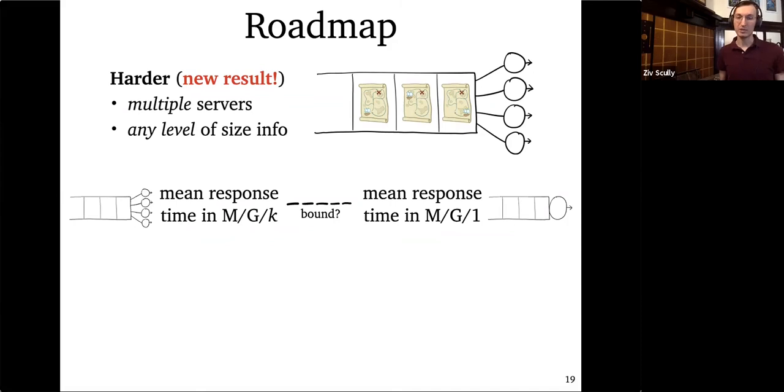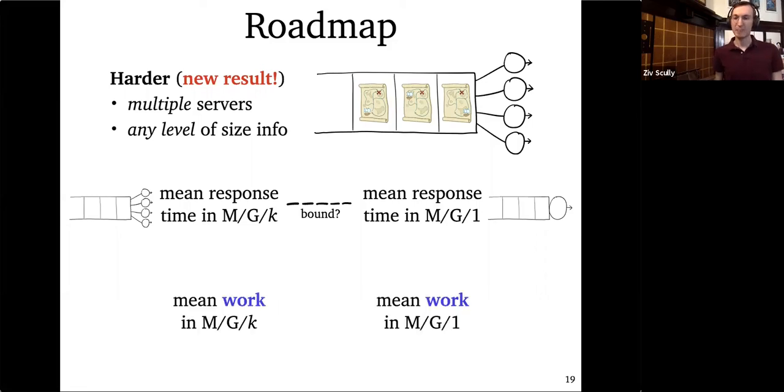Instead, rather than looking at mean response time, we're going to look at something that's actually a lot simpler: the amount of work in the system. So we're going to look at the mean work in an M/G/k versus the mean work in an M/G/1. I'll describe what work is on the next slide.